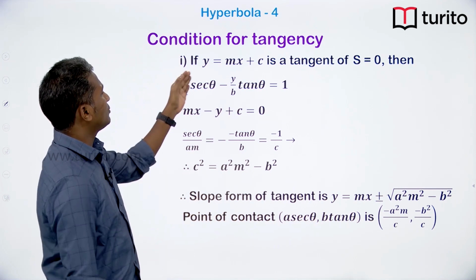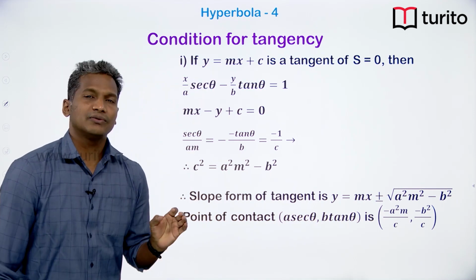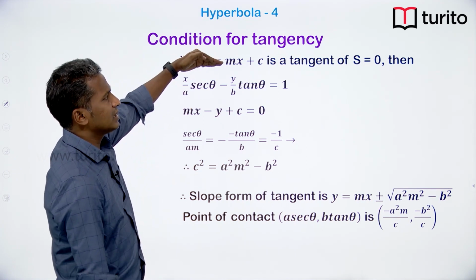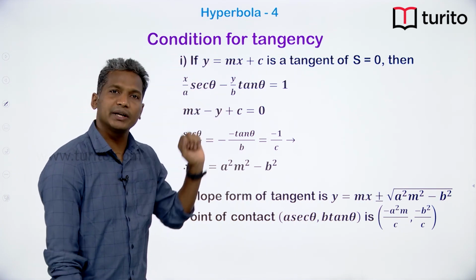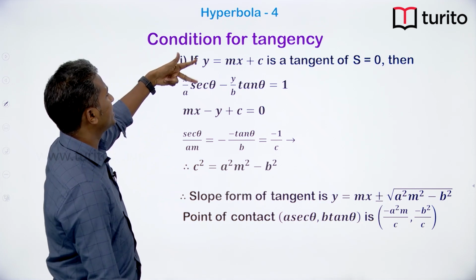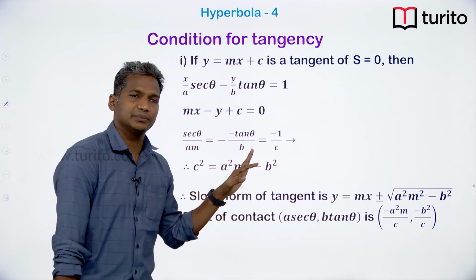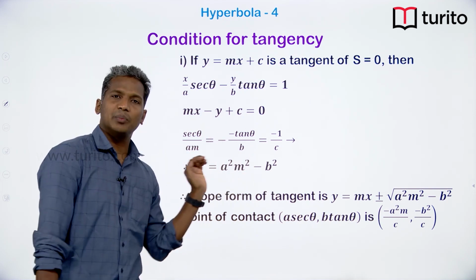So, if y equal to mx plus c is a tangent of S equal to 0, then this must be comparable to the parametric form. So, when we compare these two forms, we can get sec theta and tan theta directly. Okay. So, this is basically the comparison.